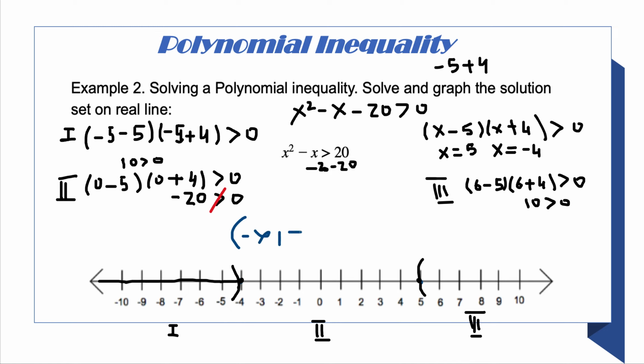But minus 4 is not part of the solution, so a parenthesis is here. And the union is the interval from 5 to infinity. So this is the solution of this inequality.